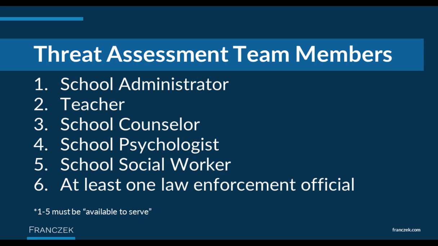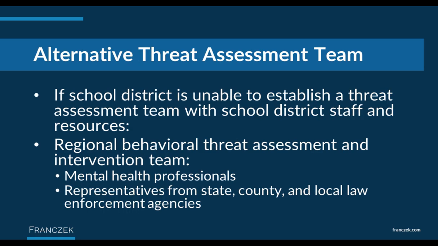The law also acknowledges that if a district is unable to establish a threat assessment team with district staff and resources, then it can rely on a regional behavioral threat assessment and intervention team that utilizes mental health professionals and representatives from state, county, and local law enforcement agencies.